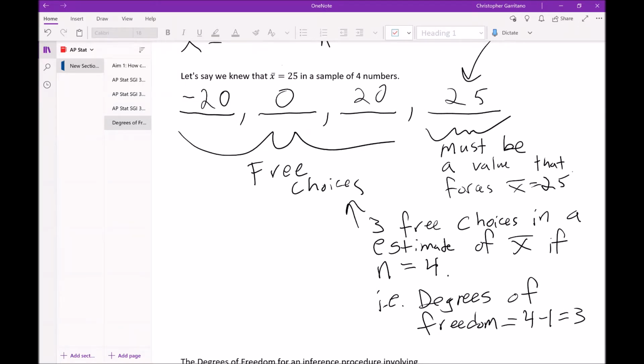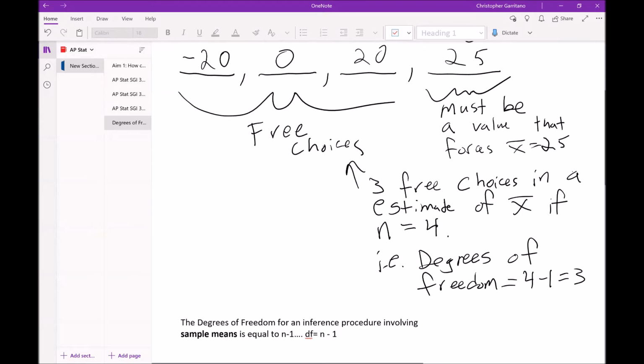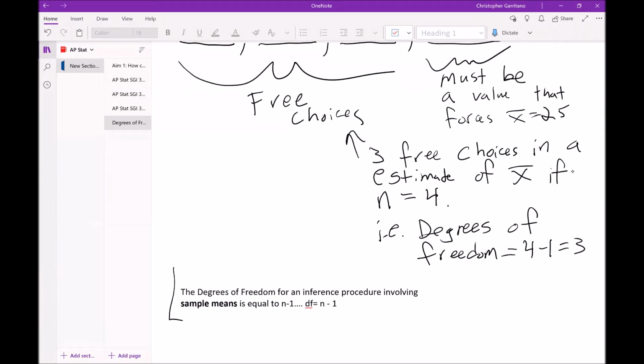All right, so that's why for the t-distribution, when this idea of degrees of freedom comes up, we will calculate it by taking the sample size minus 1, because there are n-1 free choices in that calculation of x bar.